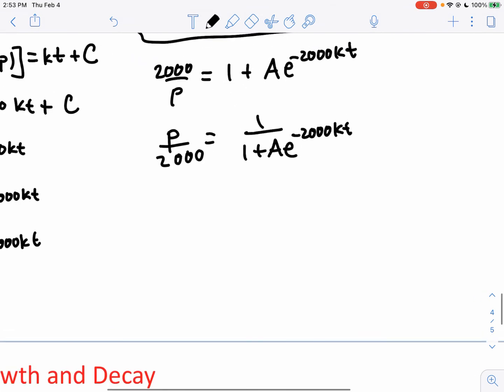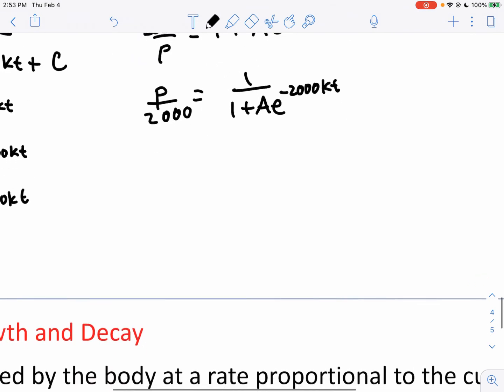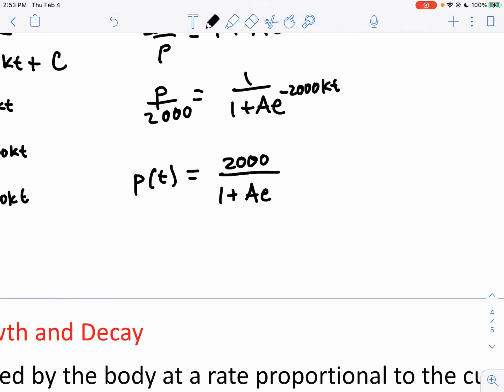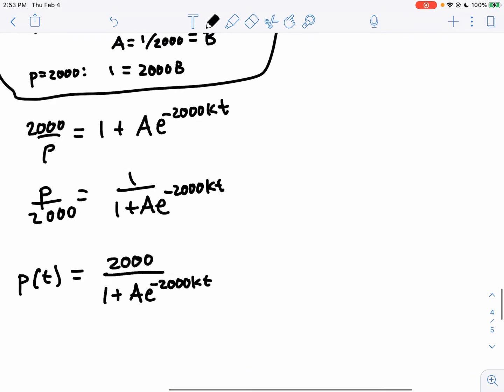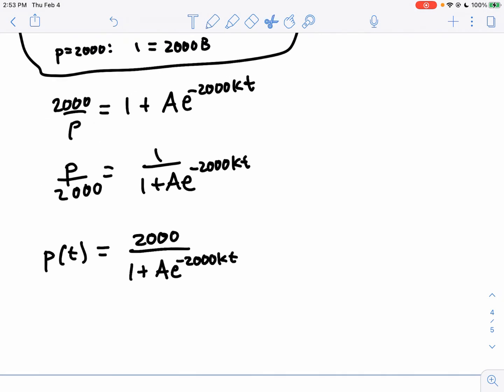And now multiply by 2000. And we finally have a general explicit solution. This is general because we have the unknown constants a and k, and it's explicit because the dependent variable was isolated.